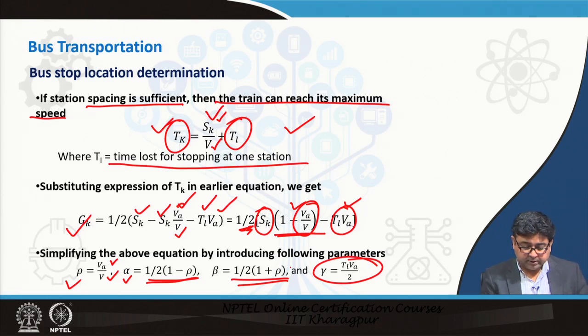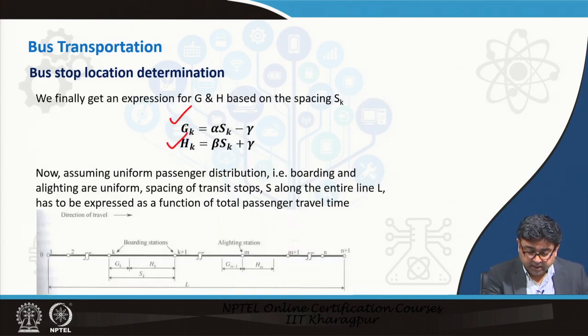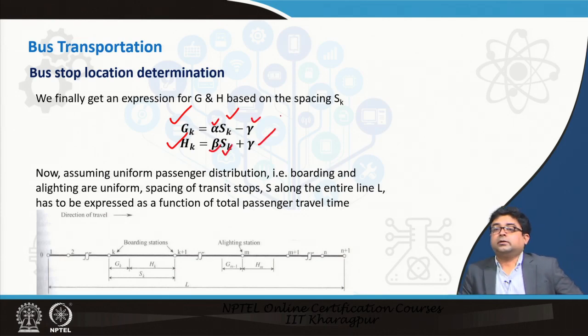If you simplify the equation by converting these into constants, what we get is your passenger shed areas in terms of spacing, and all the other terms are constant, right.